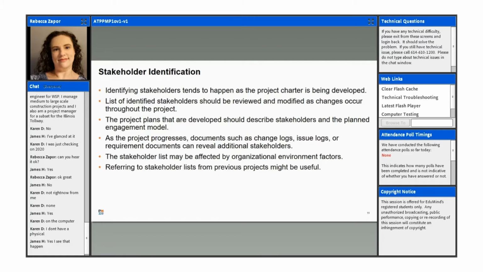If you have change logs and issue logs and also requirements documents, those can help identify additional stakeholders as well. So if you have a particular change to a requirement or some type of issue that's come up, and I had a similar thing on a project that I'm working on now, where we did a deployment into production, and there was an issue that the customer had.